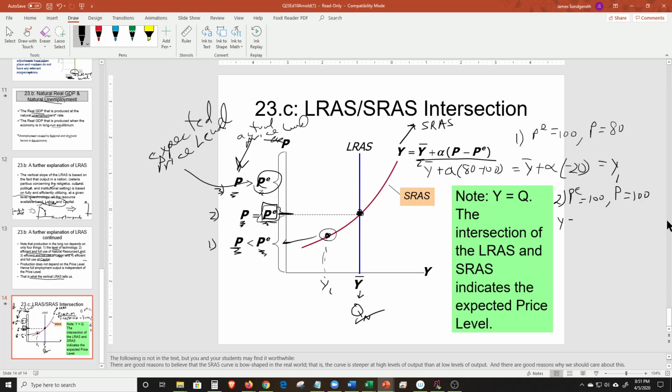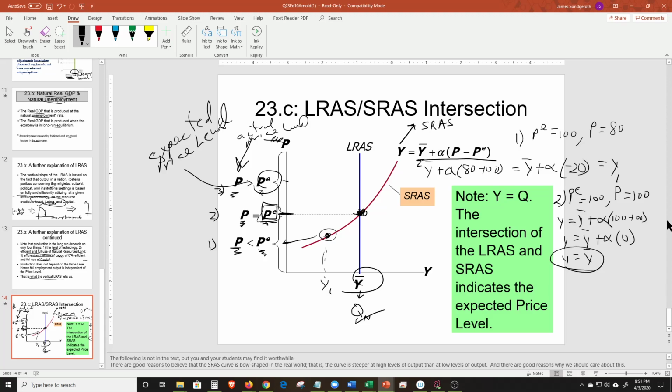So when we have y equals y hat plus alpha times 100 minus 100, we get y equals y hat plus alpha times 0. So here we actually get our full employment level right here.